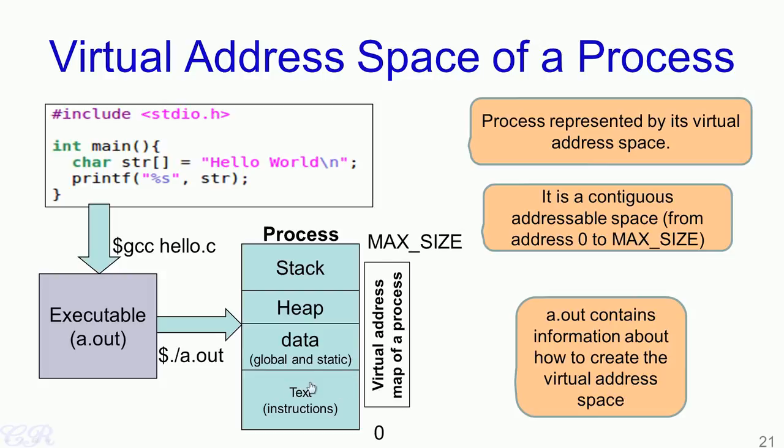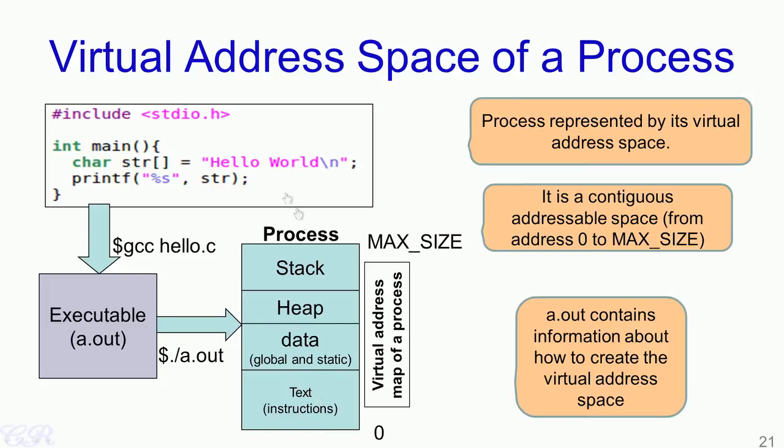So, now when this process is executing, all these instructions corresponding to printf for instance get executed, and all addresses corresponding to str are accessed. It may be noted that all these addresses, all these instructions would be mapped into this particular virtual address space.